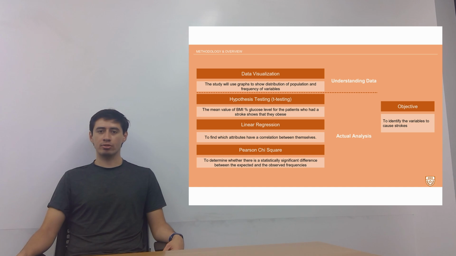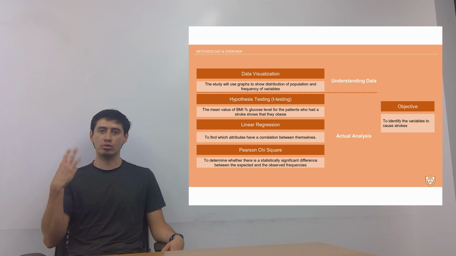To understand the data, we're going to visualize it through graphs to show the distribution of population and frequency of variables. Our actual analysis is going to include three things: hypothesis testing, linear regression, and Pearson chi-square.